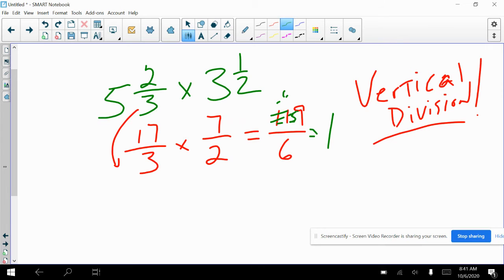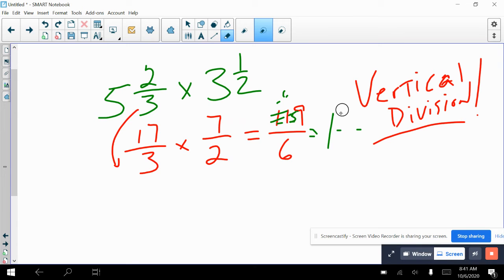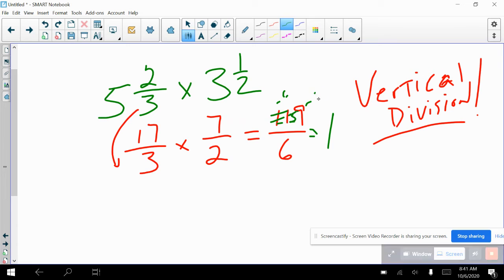How many 6s go into 59 without going over? 9. 9 times 6 is what? 54. What's 59 minus 54?